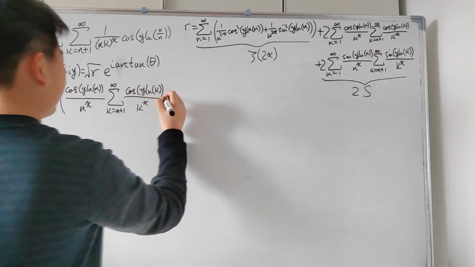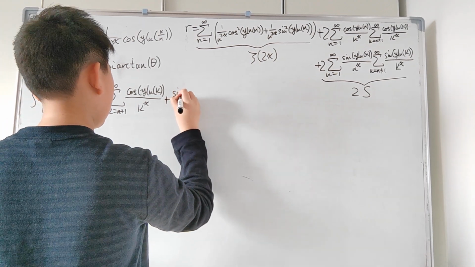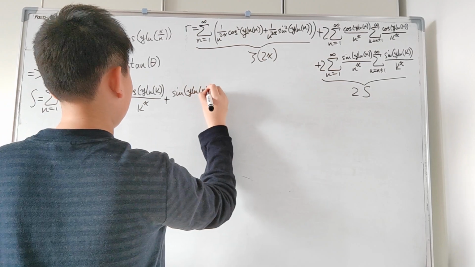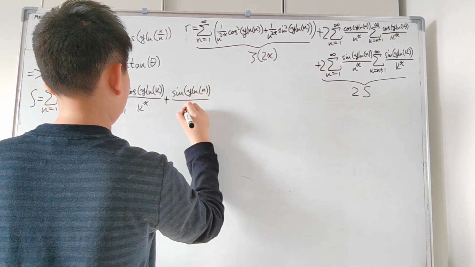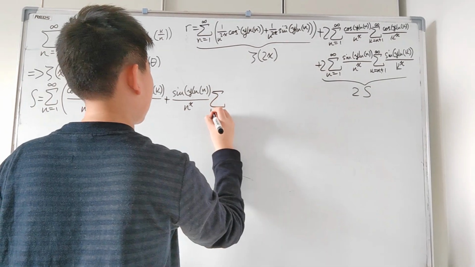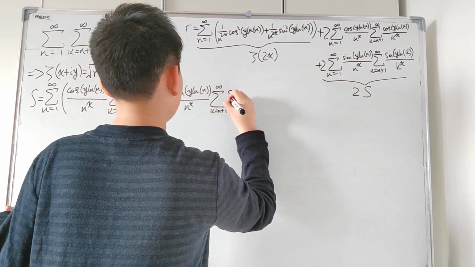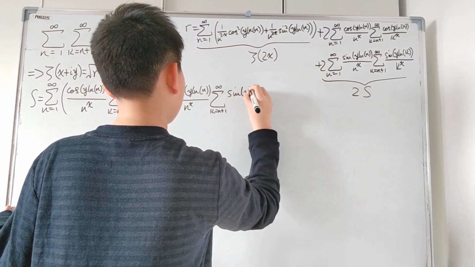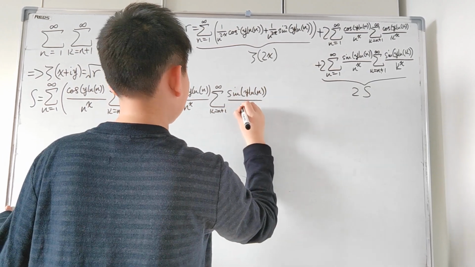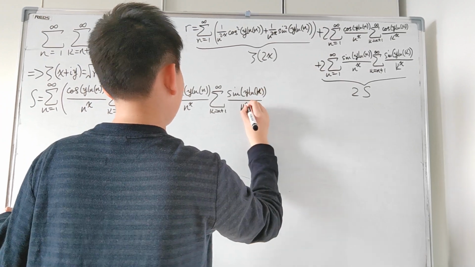And that is that sum, and then we have a plus, we have a sine of y natural log of n, to the x, and then another sum, k equals n plus 1 to infinity of the sine of y natural log of k over, oh no, this is k, right, this is k to the x.